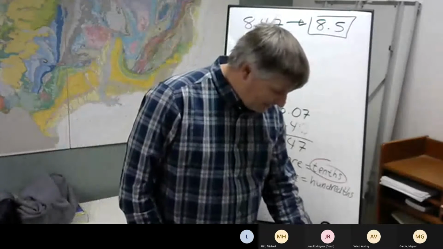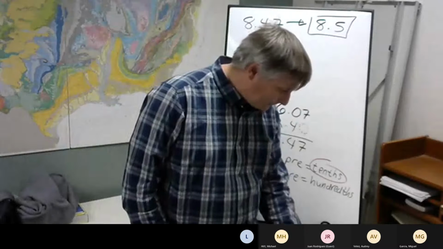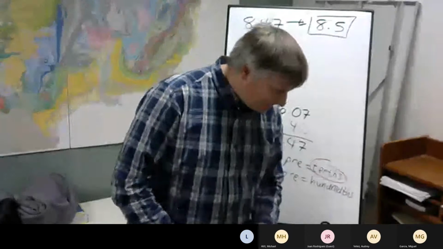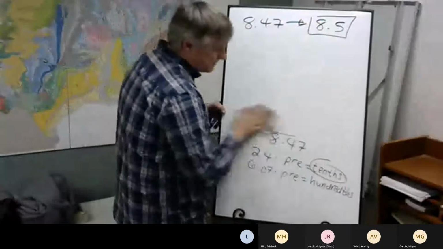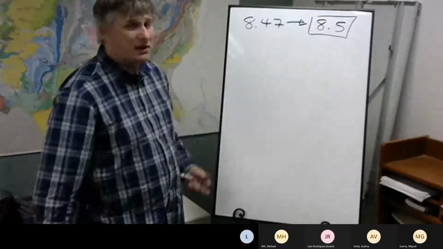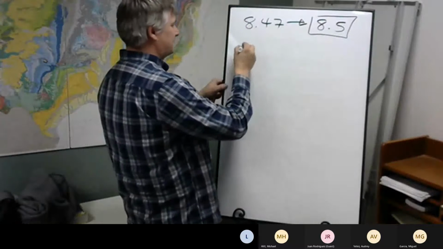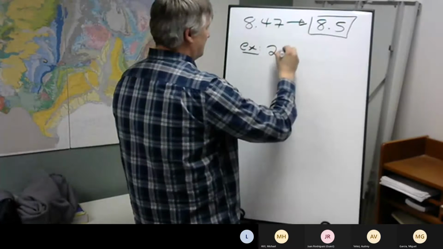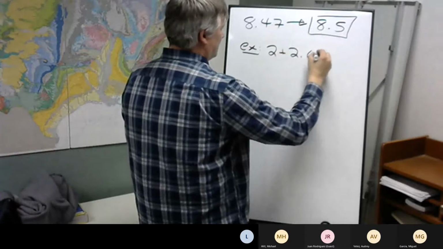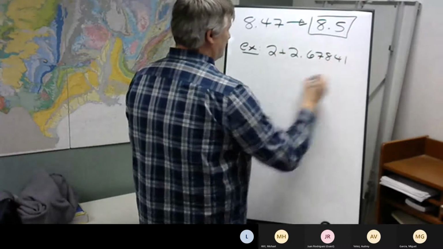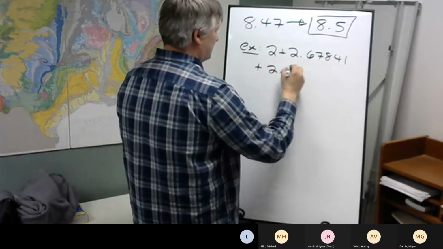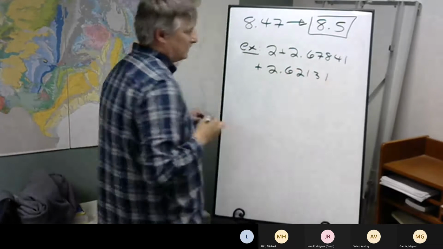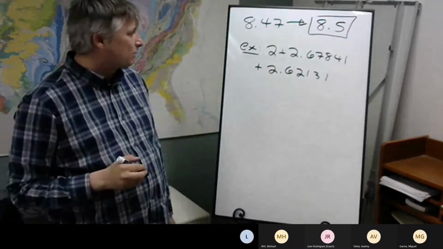So let's take a look at another one of these. You want to be careful when you're making your measurements, because this can really throw things off. Let's say we're adding these 3 numbers.